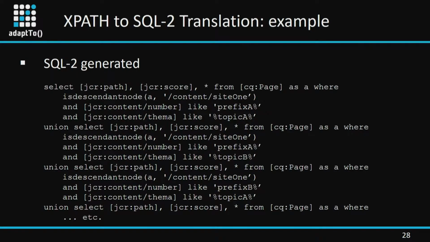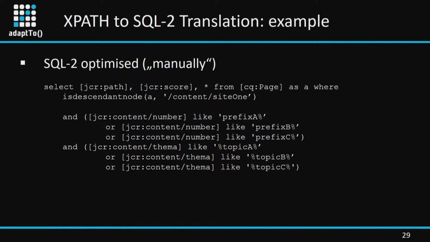It consists of 9 union select statements. Imagine you have a large repository. Every single select statement needs time. So here you need much more time with 9 union select statements.